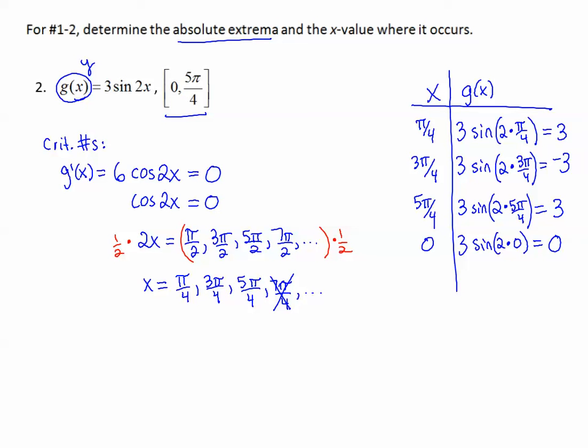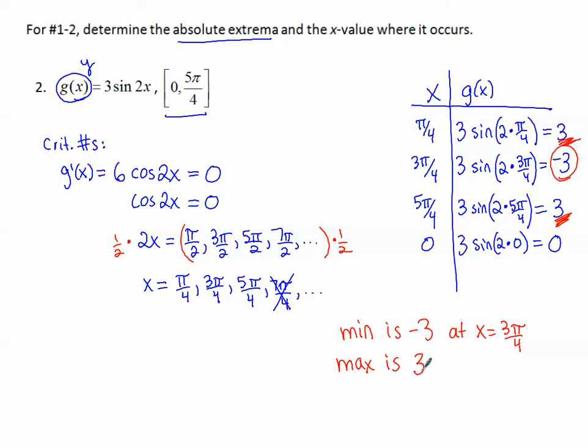Now we identify our lowest and highest function values. The lowest looks like negative 3. So the minimum is negative 3. Where is it? At x equals 3 pi over 4. How about the maximum? I see the highest value is 3.